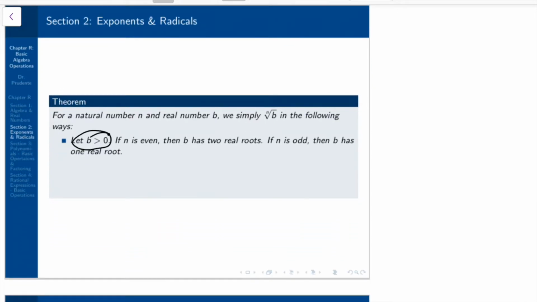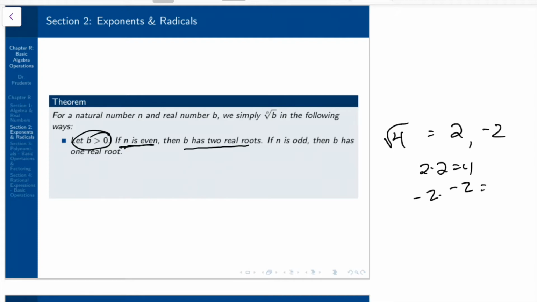If what we have inside the root is positive and we're looking at an even root, then the value is going to have 2 real roots. For example, the square root of 4 is both 2 and negative 2, because 2 times 2 is 4, as well as negative 2 times negative 2 is also 4.